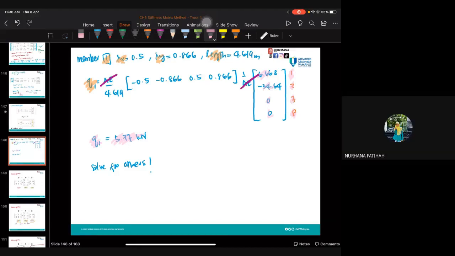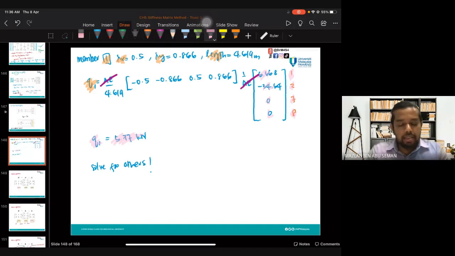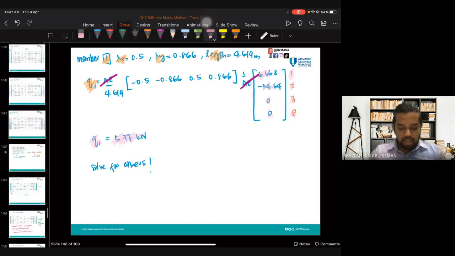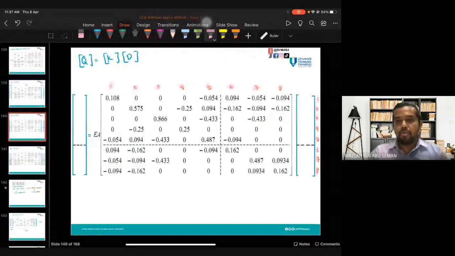Okay, later on you're going to have a work-based project for the stiffness matrix, and for sure, in the work-based project the matrix is not this big. You will get bigger ones. Then you need to use Excel to assemble this matrix and solve it in Excel.